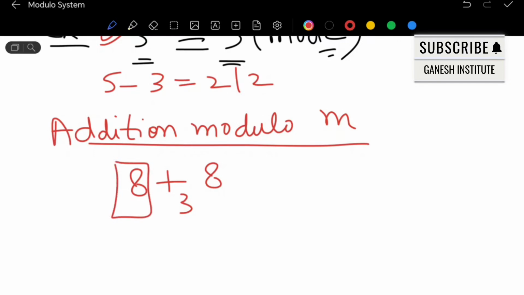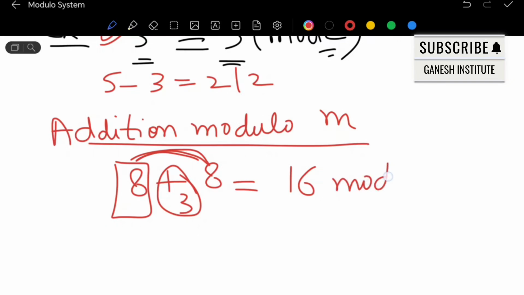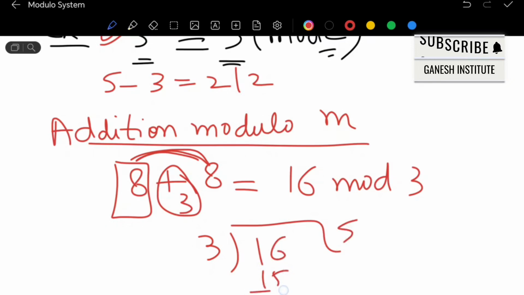What you have to do, just add them. 8 and 8 is 16, but this is modulo 3. So that means you have to divide 16 by 3; 3 5s are 15, 1 is the remainder. So the answer is 1. Getting my point?